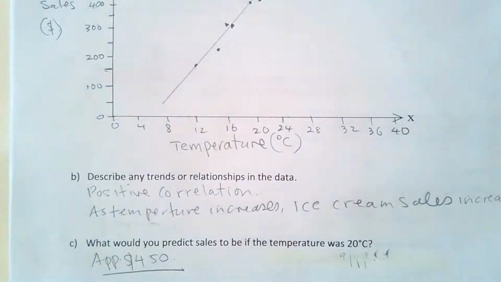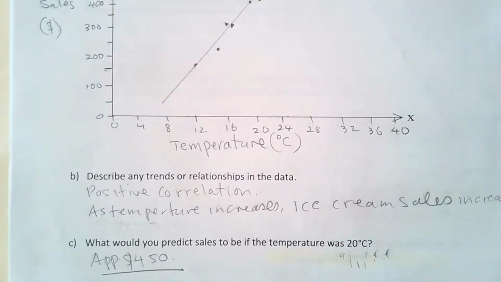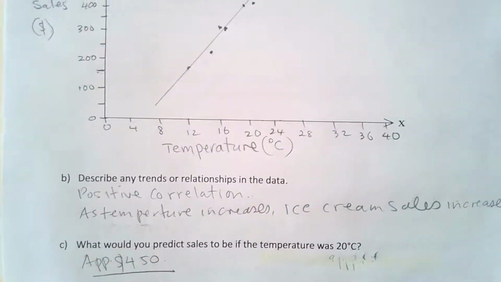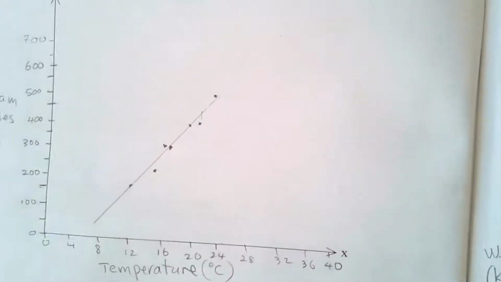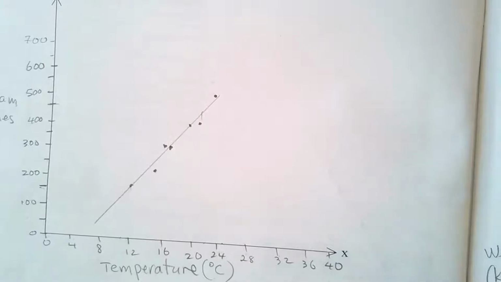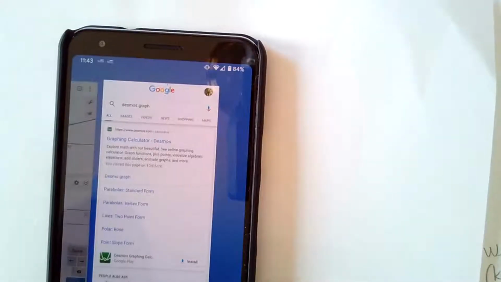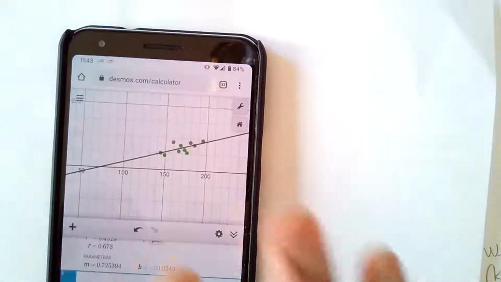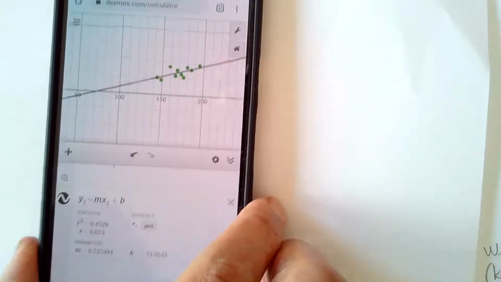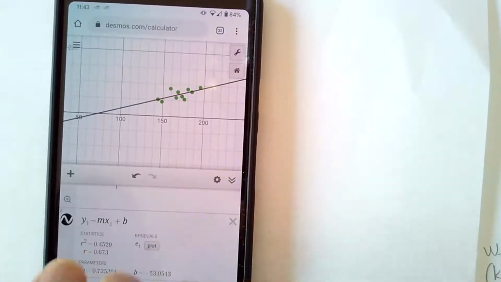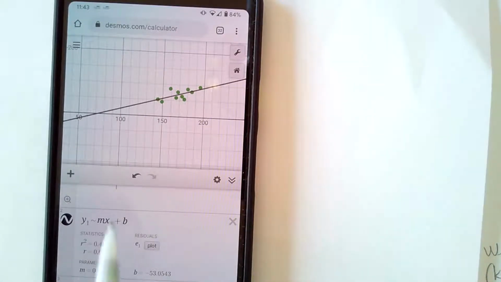Now, let's use our graphing calculator or Desmos to get this result. First, I'm going to use Desmos. I already have Desmos established. Remember, once you have Desmos in your calculator, you've done one of them. You don't have to rewrite your equation every time.